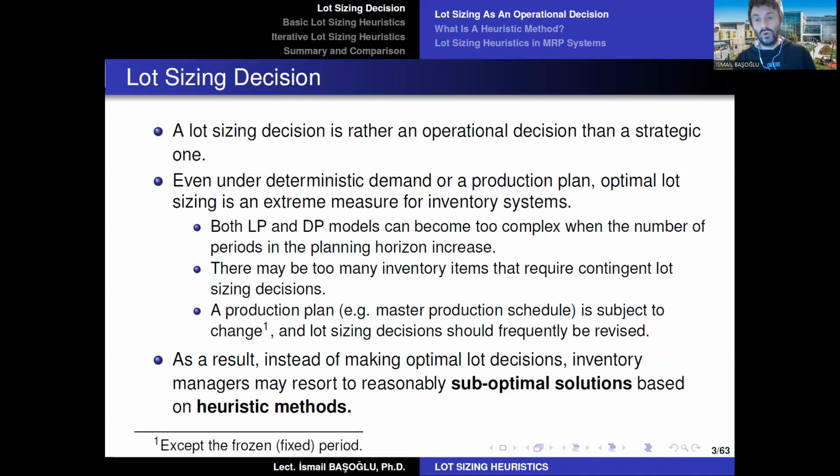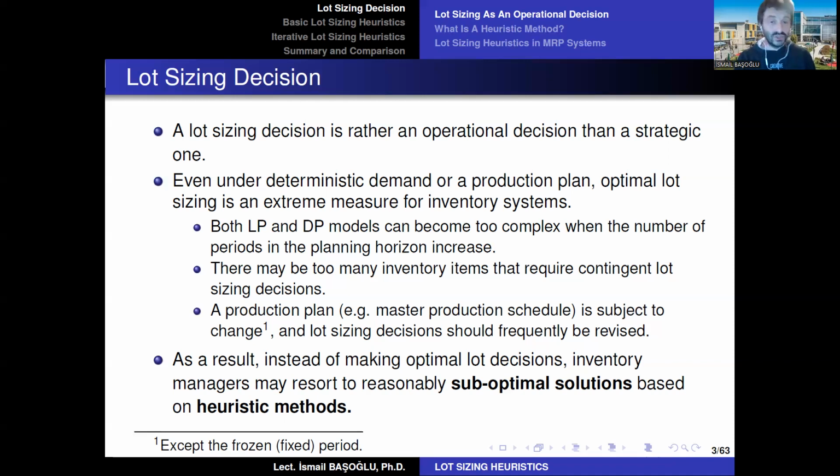When you consider these dependencies, even if you find the optimal load sizes for a certain item, at the global scale for the overall load sizing decision for all items in the bill of material, that is not necessarily the optimal one.